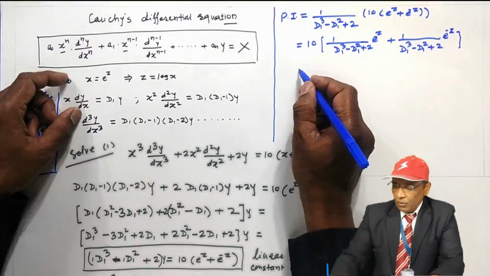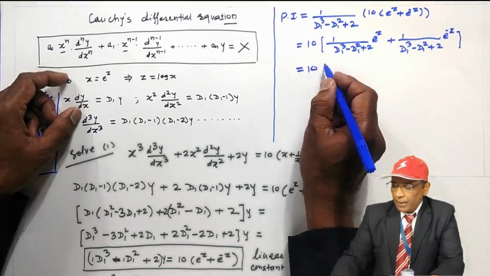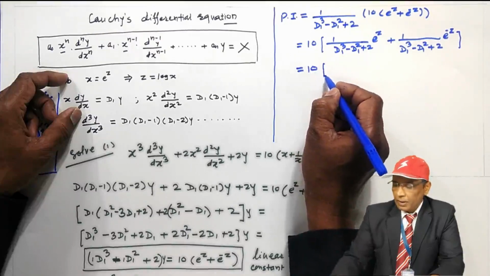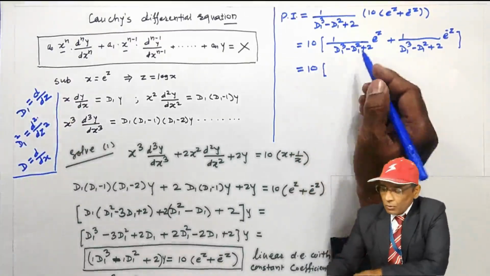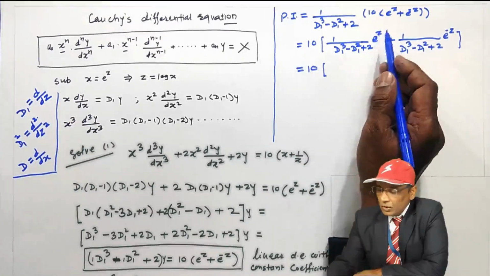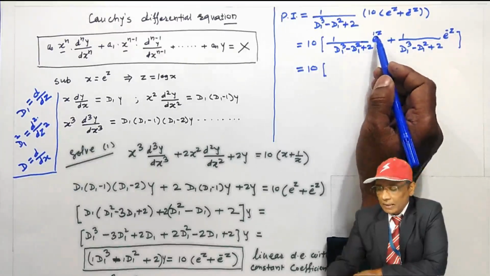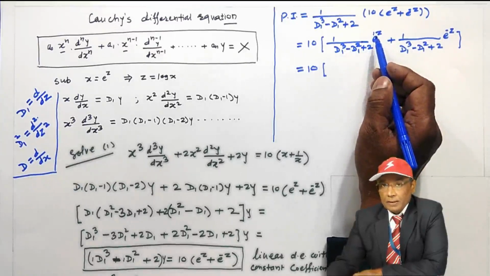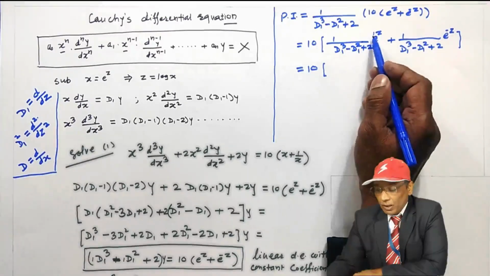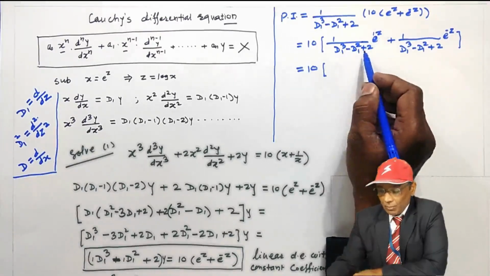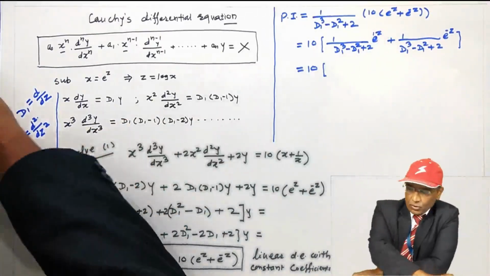Okay, now how to operate the operator in the short method on e to the power z, e to the power 1z? So put d1 equal to 1 directly. But when you put d1 equal to 1, you should not get 0 in the denominator. Okay, you can do it separately also.